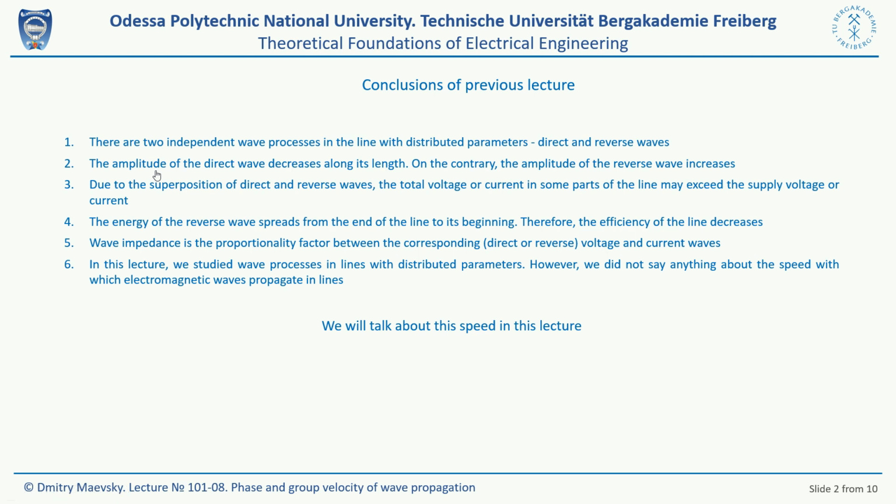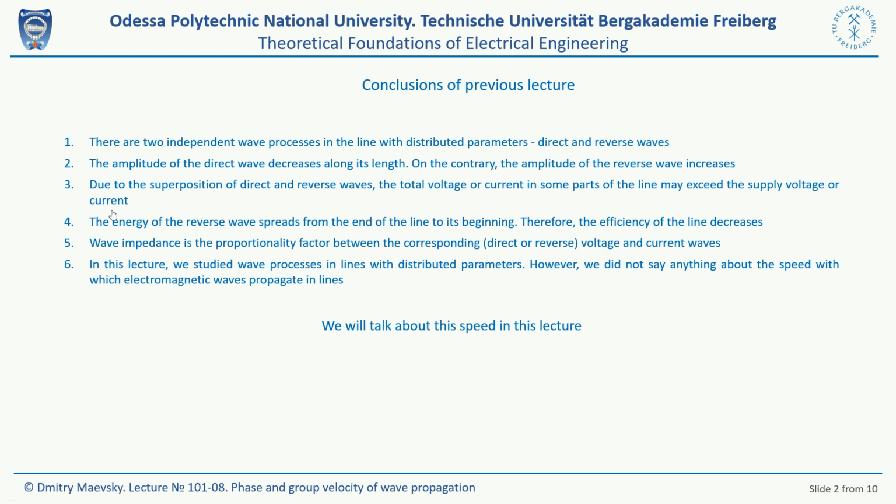The current and voltage at any point on the line are the algebraic sum of the direct and reverse waves. This superposition of direct and reverse waves leads to the fact that the total voltage or current at some points of the line may exceed the supply voltage or current.